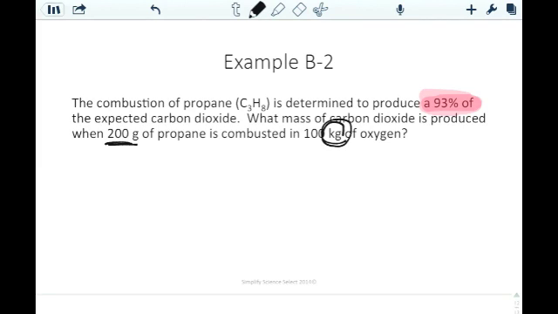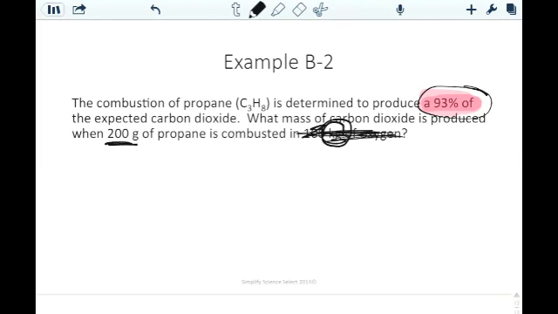So we've already determined we're definitely going to have excess oxygen, which we should, because there's oxygen in the air. We should never run out of that. We have 200 grams of propane. All we need to do is calculate the theoretical yield, and then multiply it by our 93%, and that will give us the actual yield that we should get in the lab.